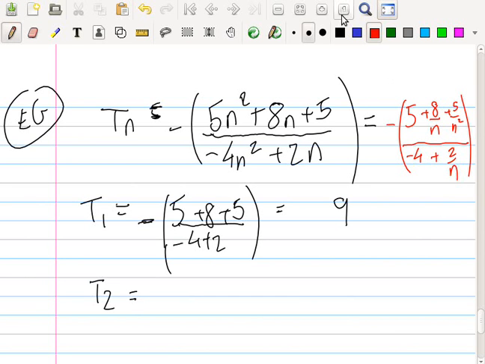Now, when the n gets bigger and bigger, each of these terms, because they have n in the denominator, gets smaller and smaller. So when n goes to infinity, all those parts cancel, and you'll just be left with 5 over minus 4, with a minus in front, so that's 5 over 4.